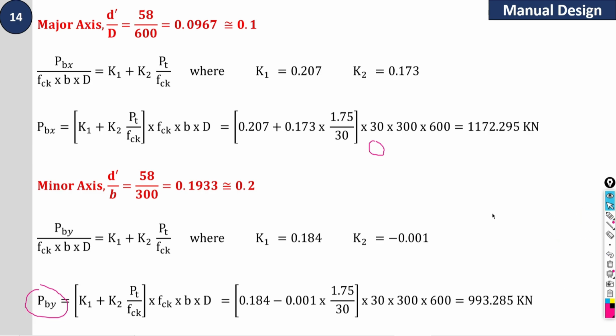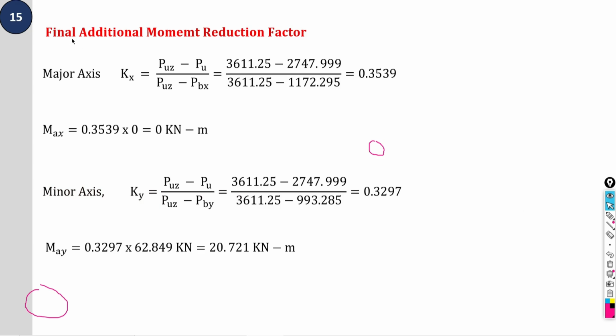That's all done. Moving ahead, final additional moment after applying the reduction factor. K, moment reduction factor along the x direction is 0.3539 and along the minor axis is calculated as 0.3297.